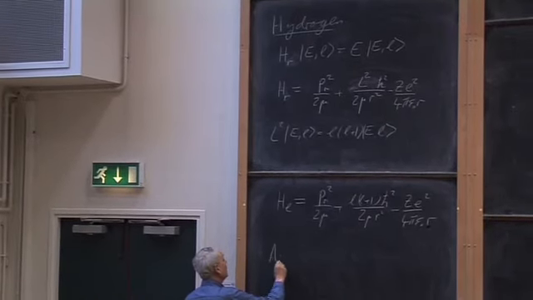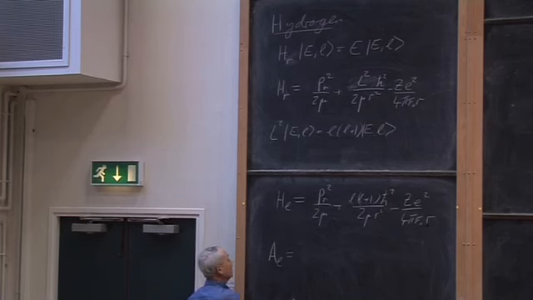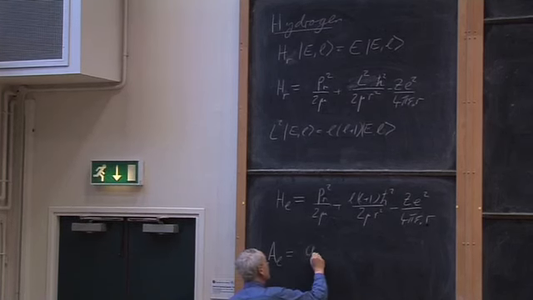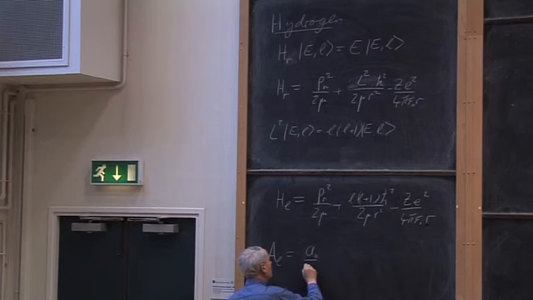We're going to define what will turn out to be a ladder operator, A_L, which is going to be defined to be dimensionless. It's going to be a0 over root 2.